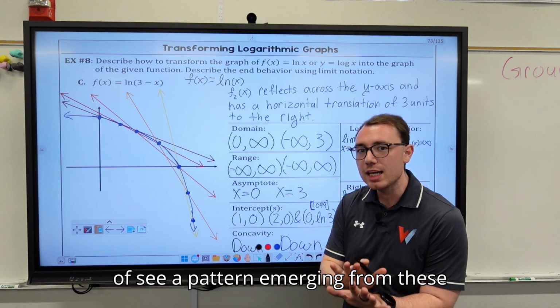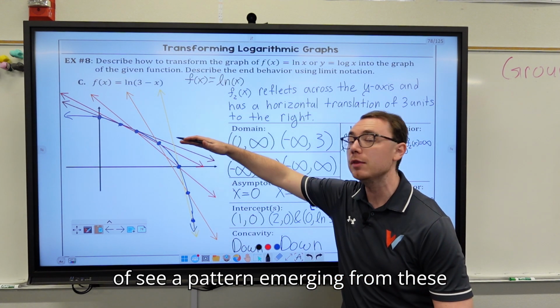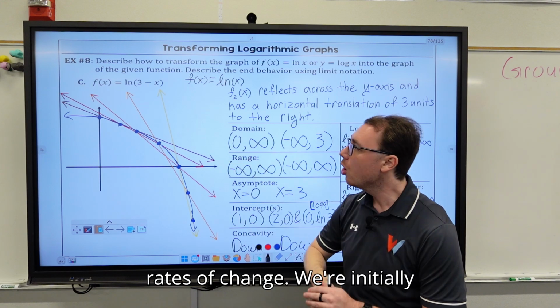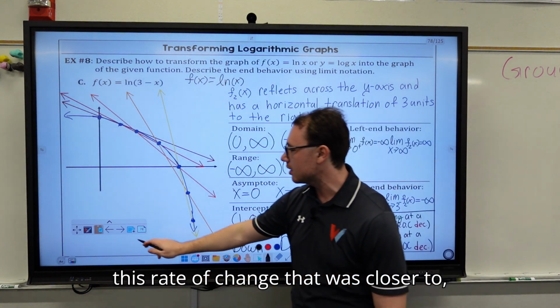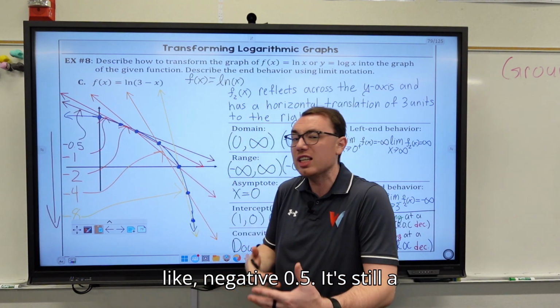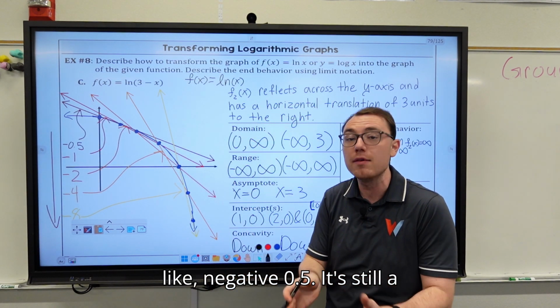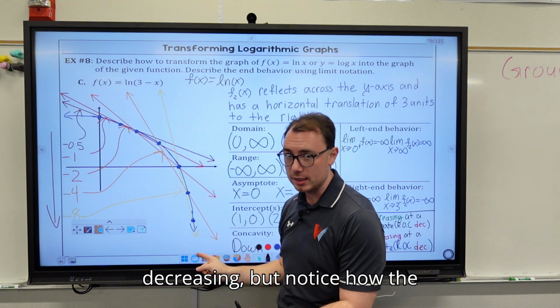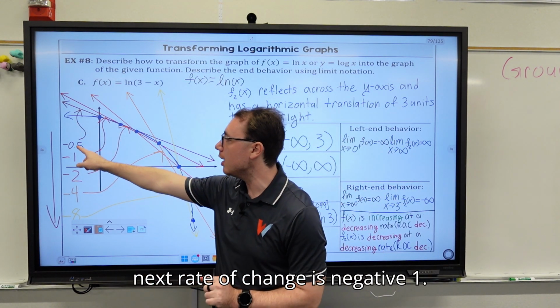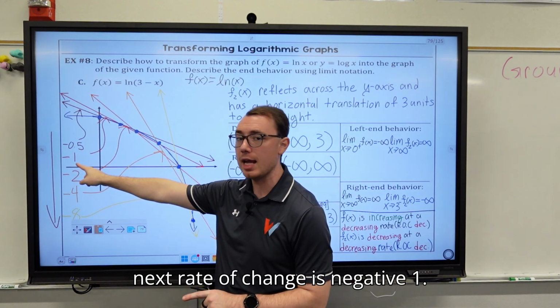And we can kind of see a pattern emerging from these rates of change. Initially at that maroon line, it was at this rate of change that was closer to like negative 0.5. It's still a negative slope, which makes the graph decreasing. But notice how the next rate of change is negative 1.